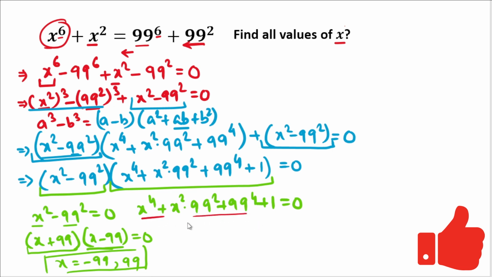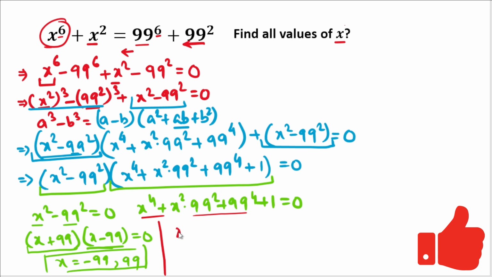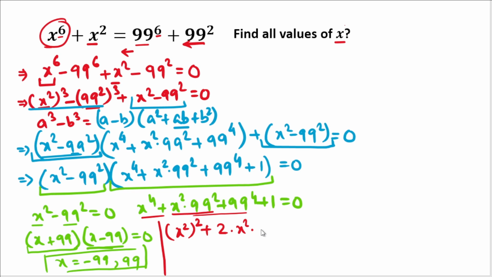Now this expression we will make in the form of a square plus 2ab plus b square. So in the next step we can write x raised to the power 4 as x square and its square, plus we will write 2 times ab, where a means x square, b means 99 square divided by 2. So here 2 and 2 will be cancelled, so we are left with x square and 99 square.